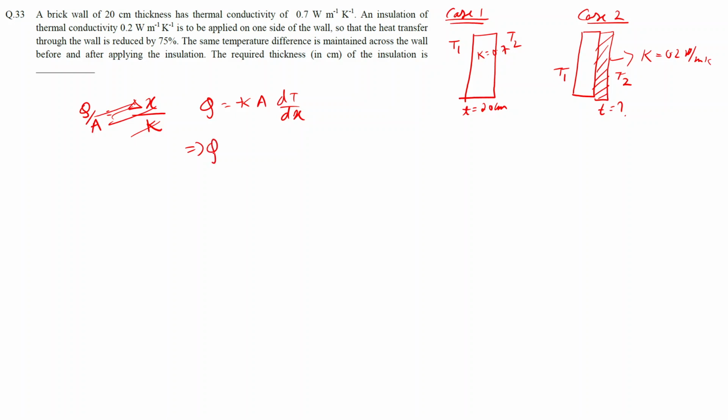So we can write this in terms of delta T upon delta X upon K A, and this term we call resistance. So that is delta T upon R.